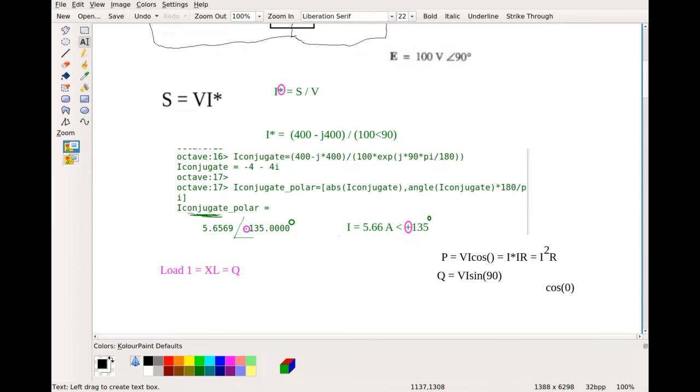Okay, and the reason this is the cosine of 0 is because if you're only looking at a resistance, for a resistance the voltage and current are in phase, which means 0 degrees.